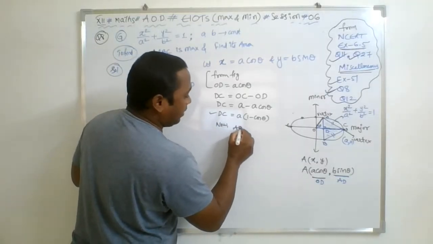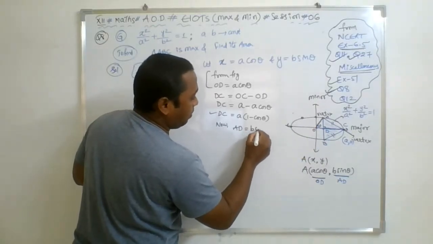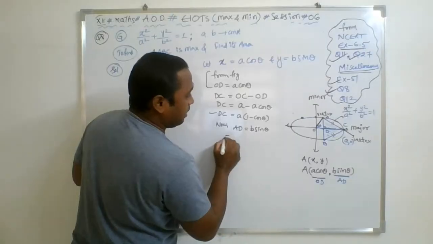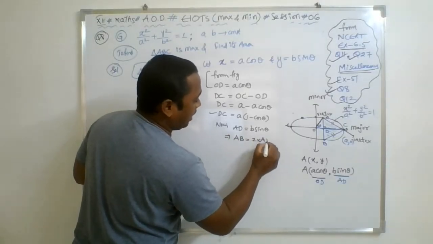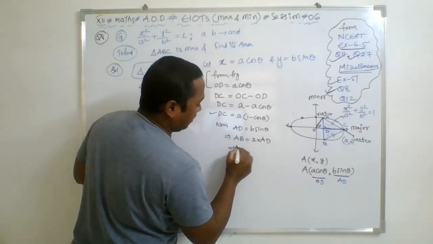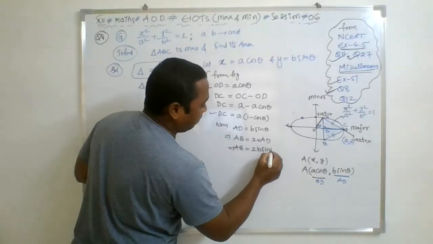Now the length of AD, the vertical component of this point, is b sin theta. It implies that the length of AB is twice AD, hence AB is equal to 2b sin theta.